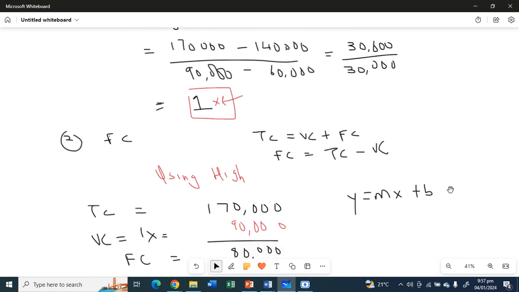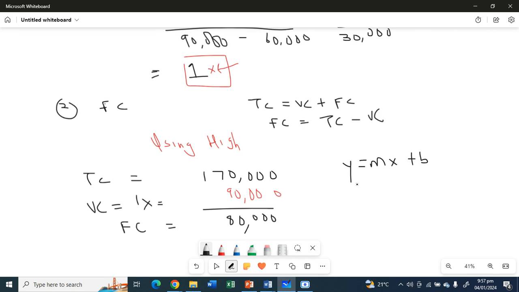So our cost function is going to be 1x plus 80,000. This is the cost function for this company. With this cost function, they're now able to predict what costs they will incur whenever they make a certain number of units. Before we go any further, any questions?